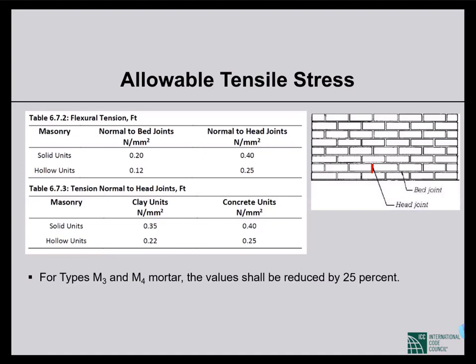But for M3 and M4, that is if the cement to sand ratio is 1:5 or 1:6, then we have to reduce these values by 25%. So this is important. Actually, below M4, M5 and M6 are seldom used for structural load-bearing masonry construction.